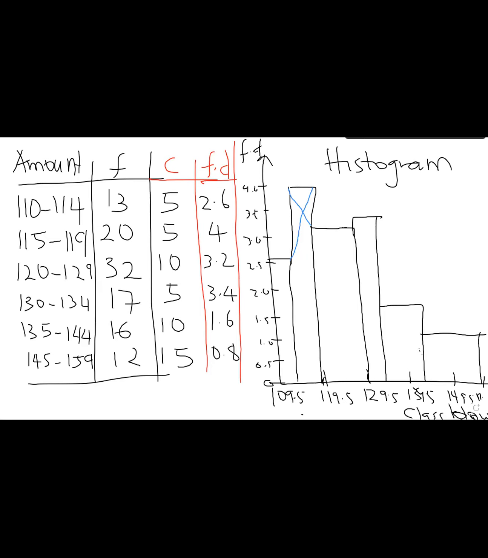Then where they meet, you come and drop to the ground like this. All this you're using a ruler, not freehand like me. This point here is what you read off the ground, and that becomes your mode. So we shall be discussing mode. That was question number 4.